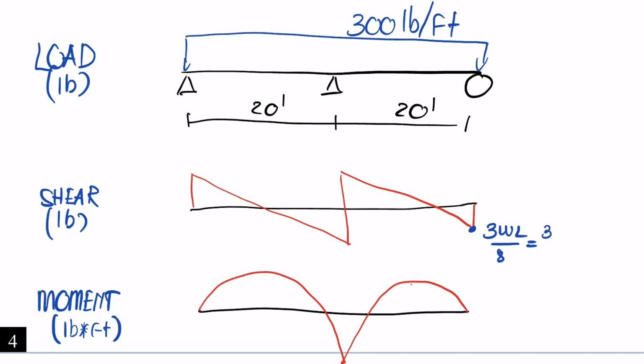So 3 multiplied by 300 multiplied by L, which is 20, divided by 8. And now we have this one equal to 2250 pound. This one, because it's similar, equal to V3, so it's also equal to 2250.